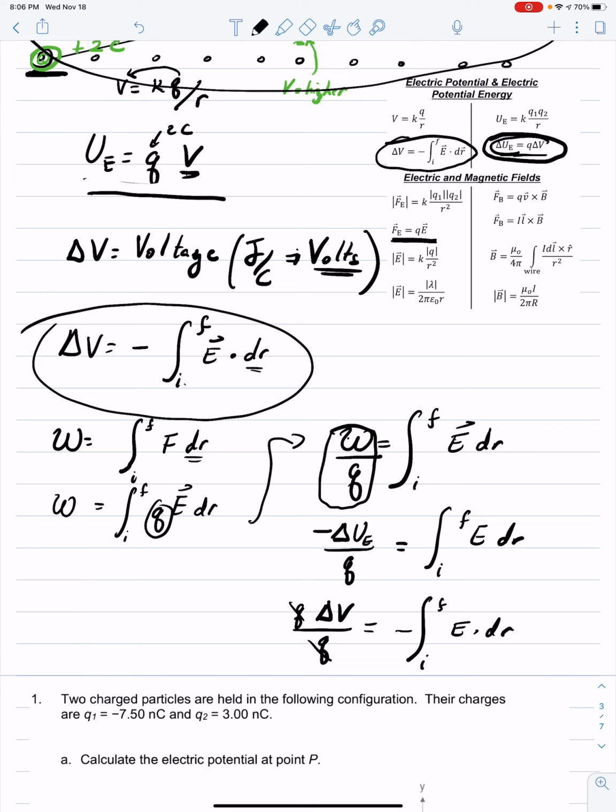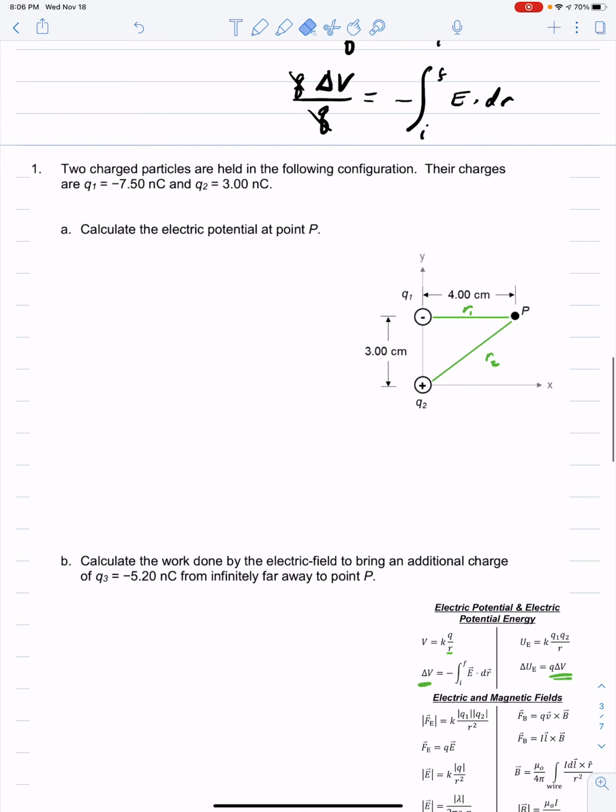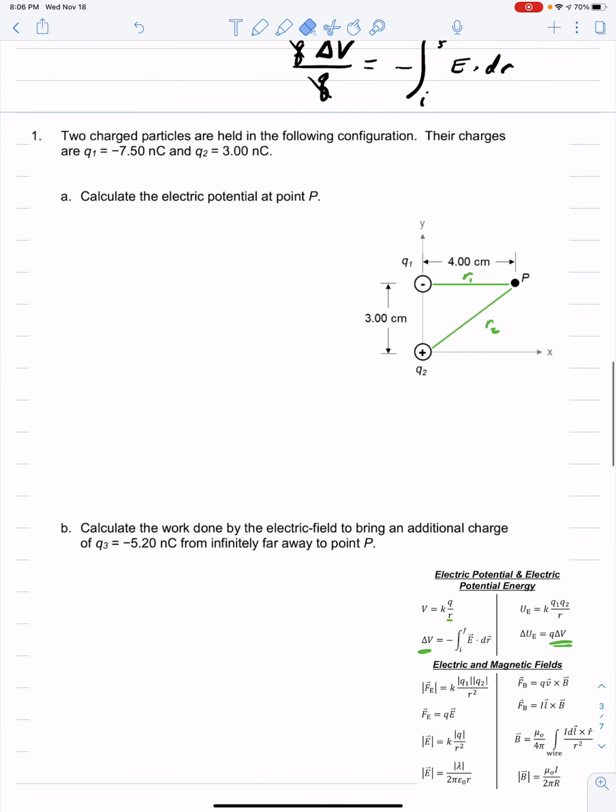Now that I explained this to you, I want to touch on an example problem, which is very similar to one of the problems on a previous WPR that I wanted to talk about. It says two particles are held in the following configuration, and this is for electric potential. You have two charges, Q1 and Q2.